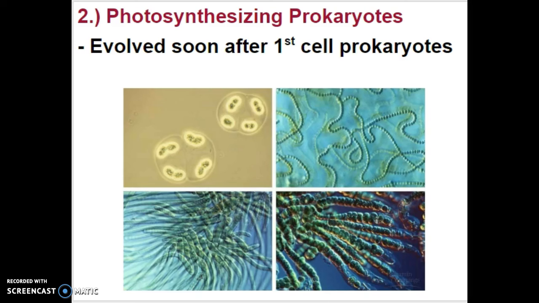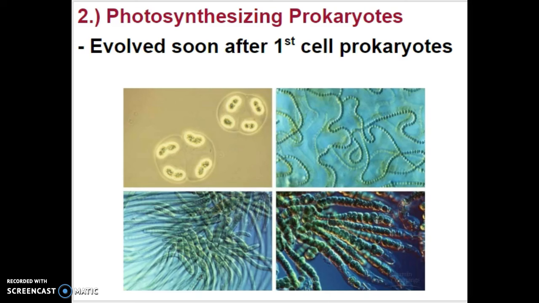The reason why we have the atmosphere that we do today is because of photosynthesizers over the billions of years, taking in the carbon dioxide that was prevalent in the atmosphere and using the sunlight to produce oxygen. Eventually, prokaryotes developed the ability to take in that sunlight and, with some chemical reactions, produce some food for themselves.